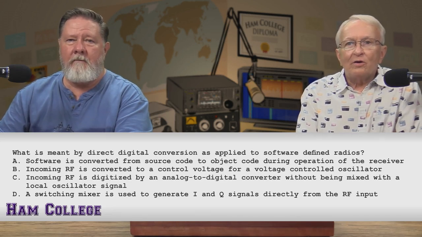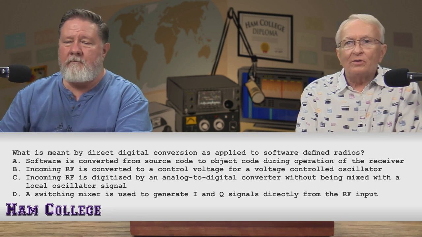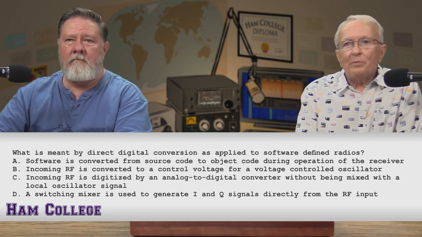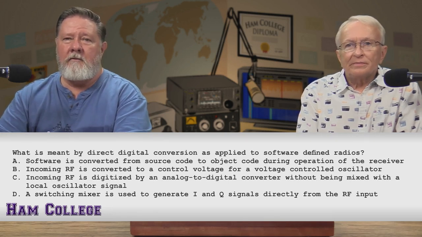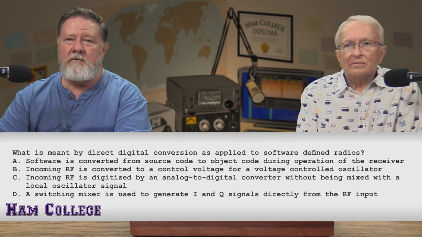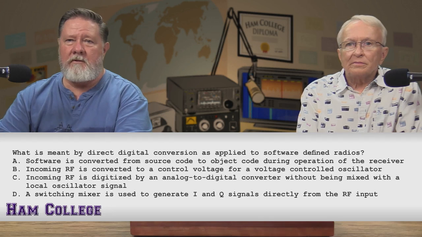C. Incoming RF is digitized by an analog to digital converter without being mixed with a local oscillator signal. Or D. A switching mixer is used to generate I and Q signals directly from the RF input.